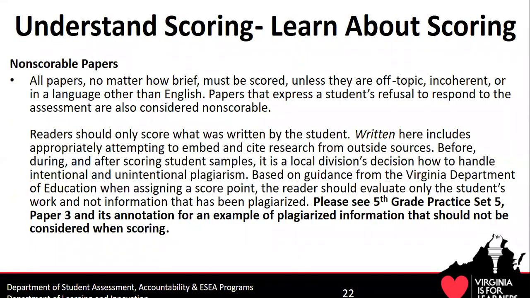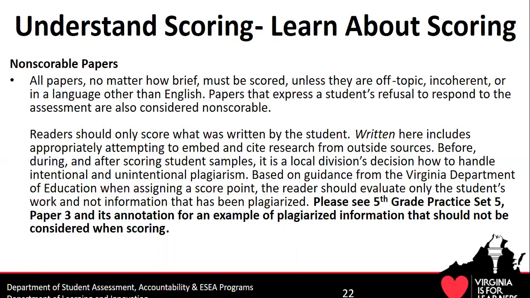So next, we wanted to point out one specific example on the Understand Scoring website that you may want to take a look at no matter what grade you are in, but it is placed in the 5th grade practice set. And we wanted to talk a little bit about non-scorable papers and then share this example with you.